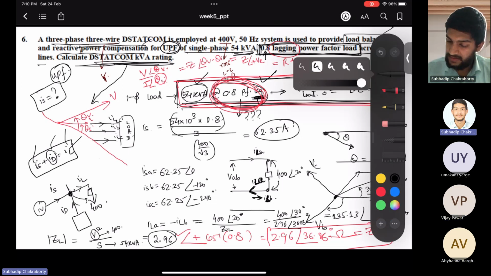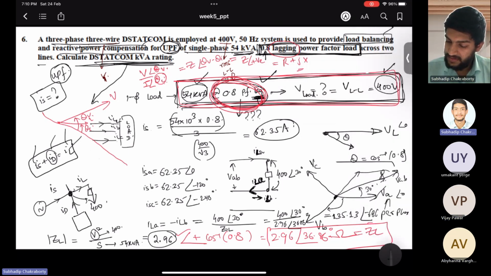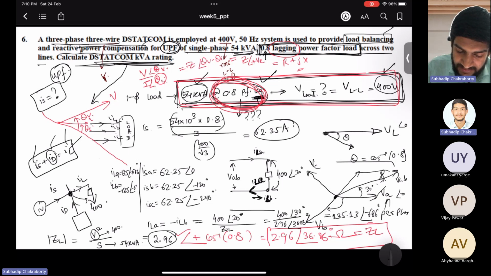Yes, sir. So I can write here ILA is 135 angle minus 6.86 degrees, and ILB is 135 angle minus 6.86 minus 120. I can write like this. Is it visible?